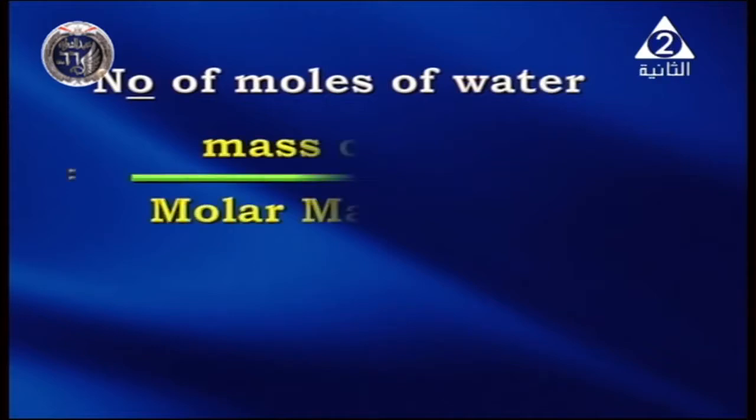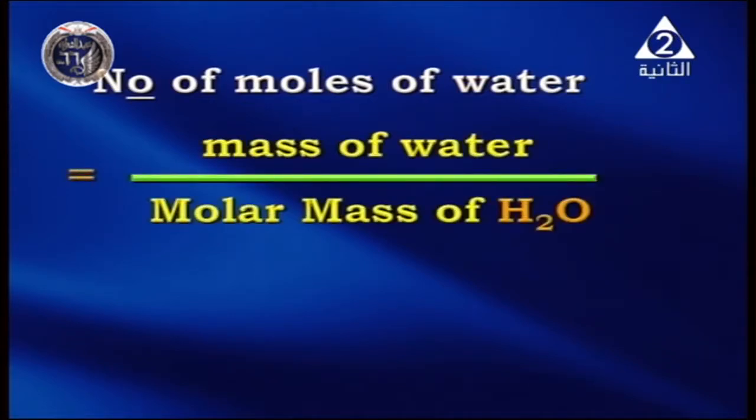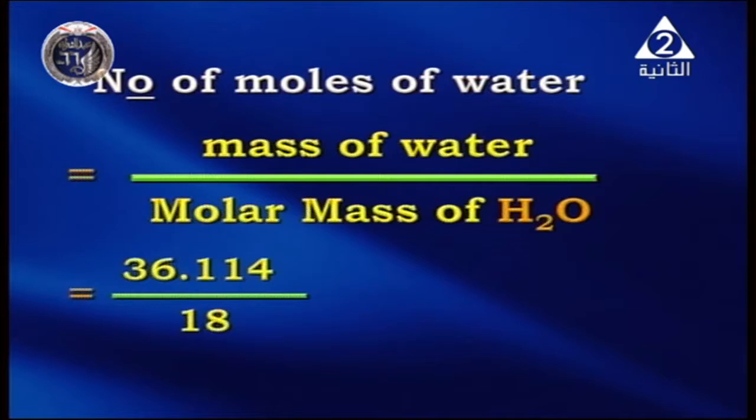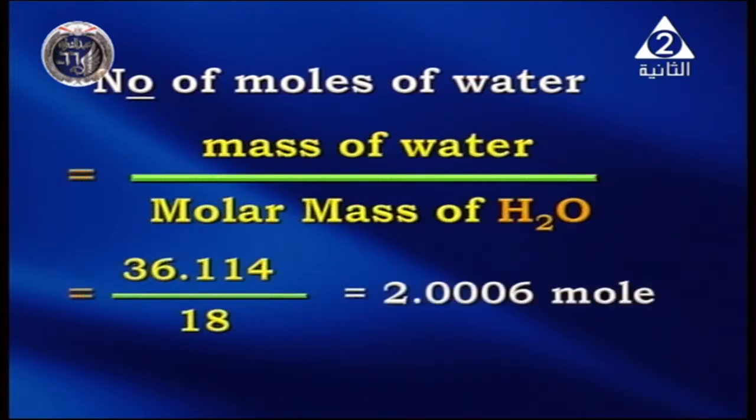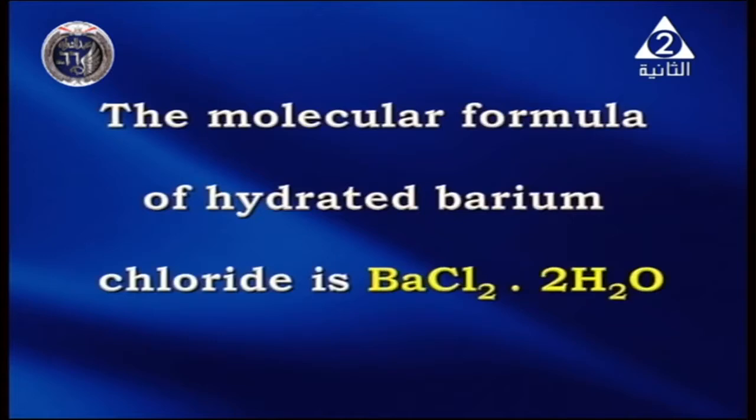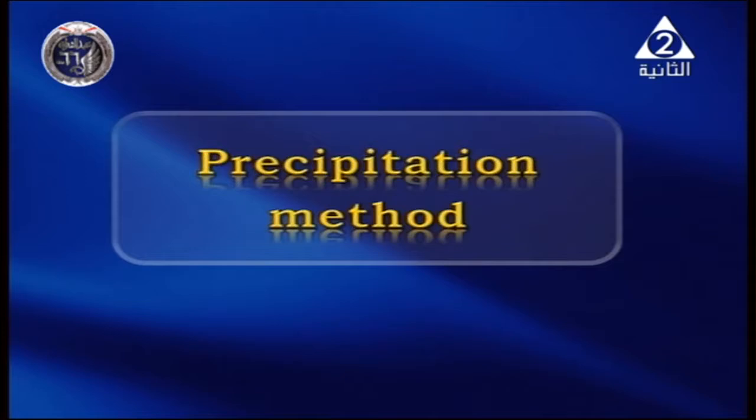So the number of moles of water, mass of water over its molar mass, equals 36.114 over 18 equals 2.006 moles, approximately 2 moles. So the molecular formula of hydrated barium chloride is BaCl2.2H2O.